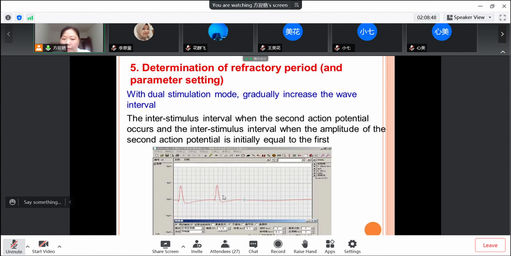Then the second action potential moves nearer to the first action potential, and when the second action potential disappears, the time of this interval means the refractory period. Understand?